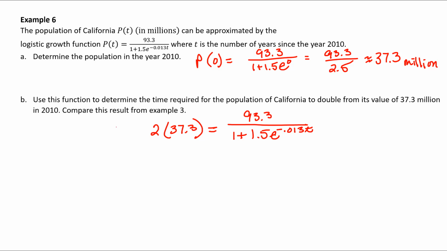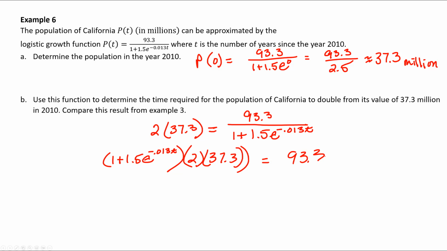So if we multiply both sides by that denominator, we're going to have 1 plus 1.5 e to the negative 0.013 t times 2 times 37.3 equals 93.3. And then we can divide both sides by that, and we'll be left with 1 plus 1.5 e to the negative 0.013 t equals 93.3 over 2 times 37.3.